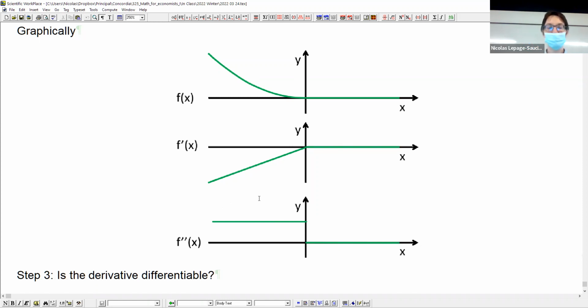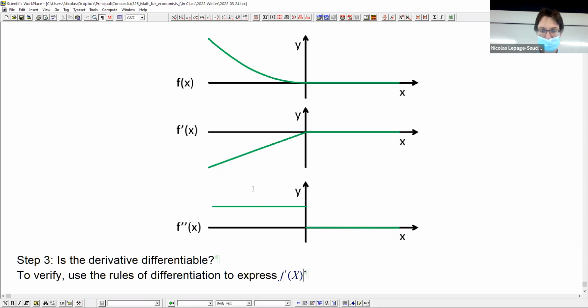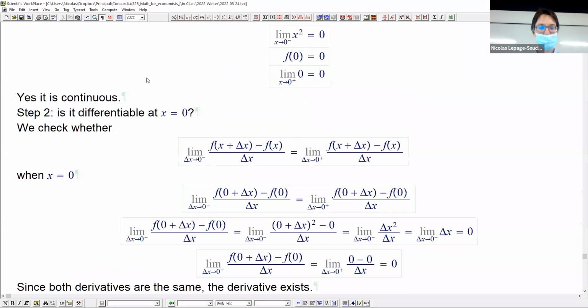We're just going to confirm this. So how do we do that? To verify, rules of differentiation. That's the simplest to do. To express x, because otherwise it's a mess.